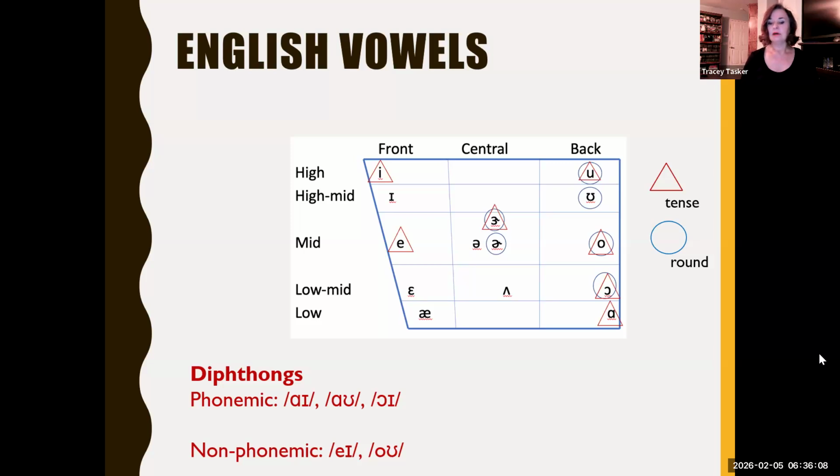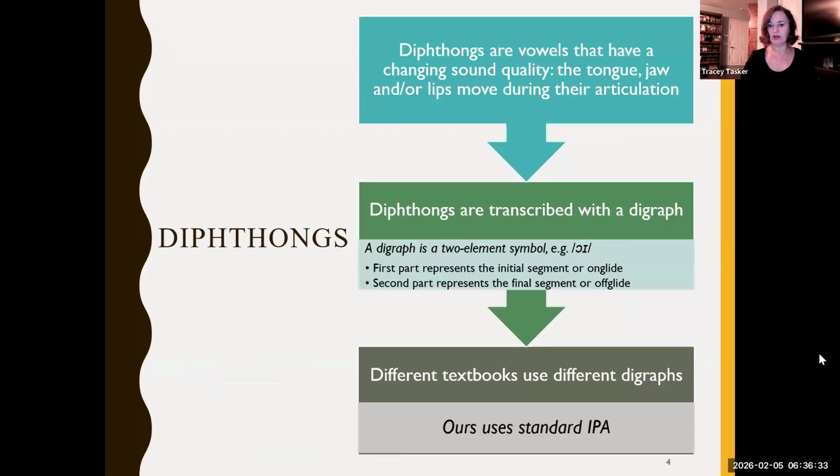Now, we don't see the diphthongs on the vowel quadrilateral because they're representing really two vowels coming together, right? So the first IPA symbol is what we call the onset glide, and the second symbol is the off glide.